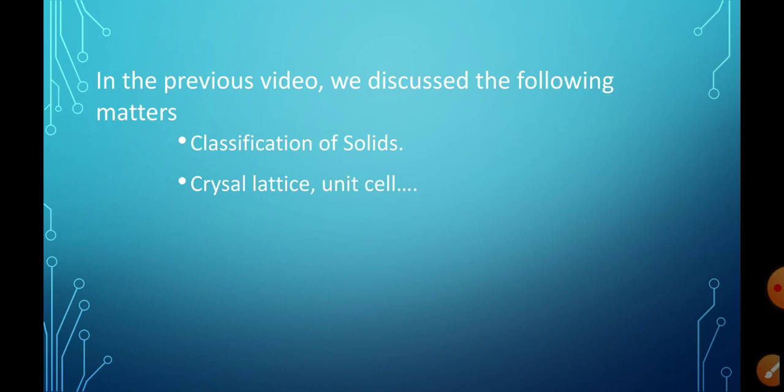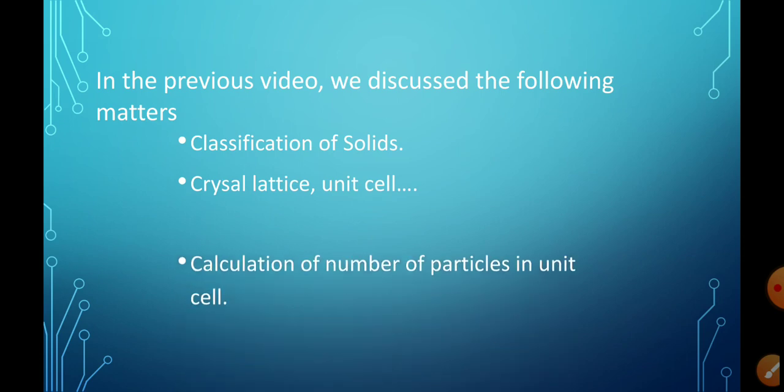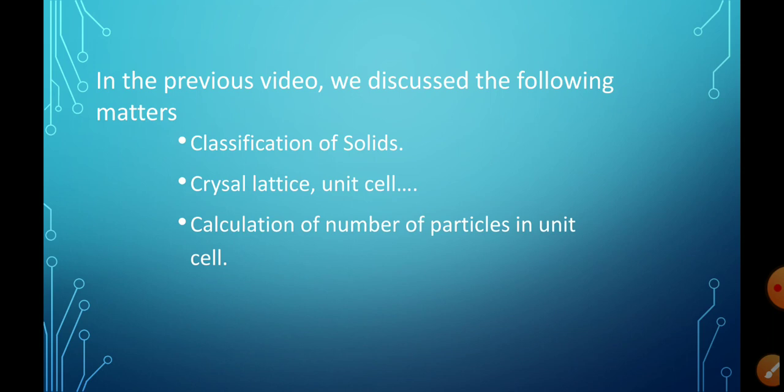The last part is calculation of the number of particles in different unit cells: primitive unit cell, body centered unit cell, and face centered unit cell, and how to calculate the number of particles in one unit cell.